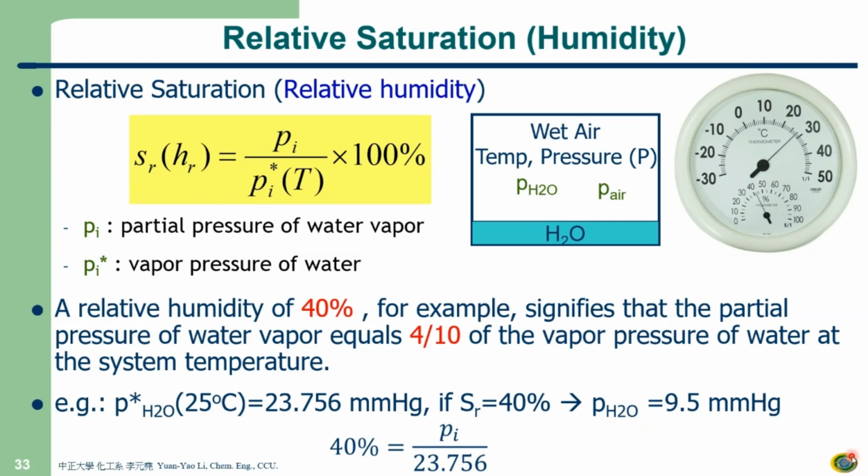I feel this is very important, and this is related to your daily life. If you ask a mechanical engineering student, they don't know how to do the calculation. But as a chemical engineer, or a student from the chemical engineering department, you need to know how to do the calculation.